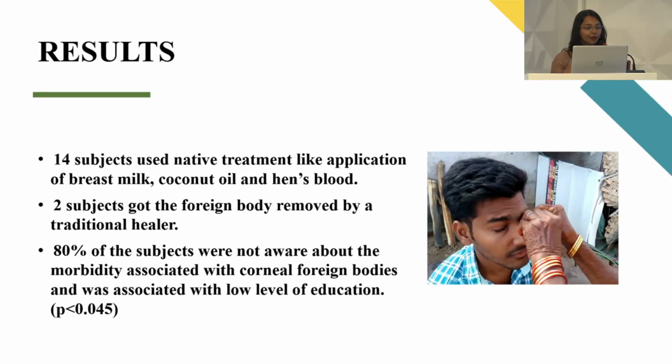We looked at any association between the presence of corneal infiltrate and traditional or native treatment, but it was statistically insignificant. We also looked at the education level of the subjects, and 80% of them were not even aware that a corneal foreign body can cause any morbidity, and this was associated with a low level of education, which was statistically significant.